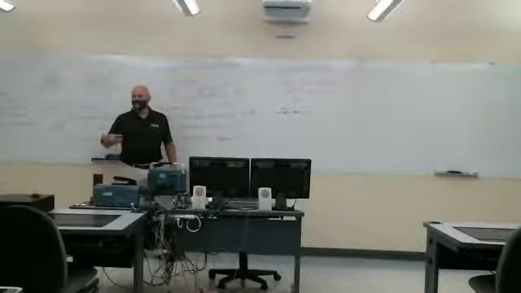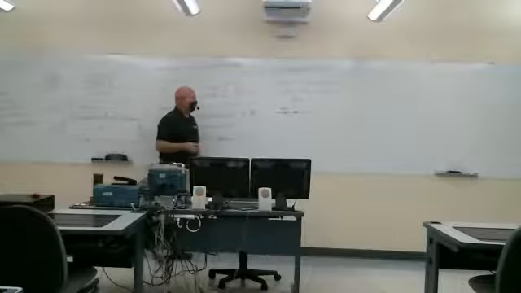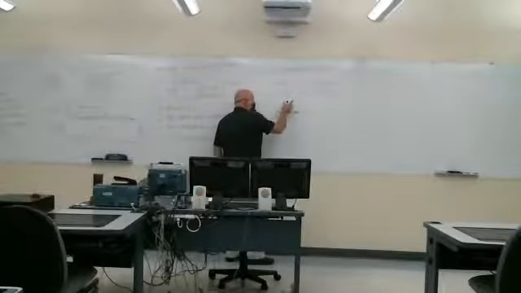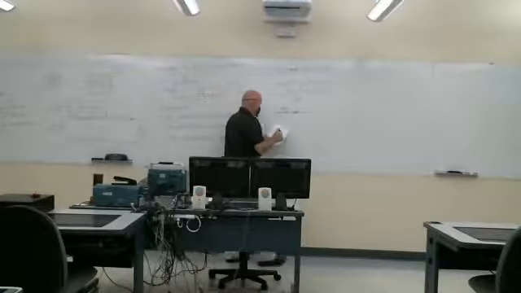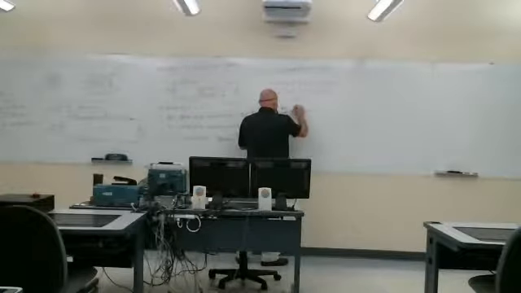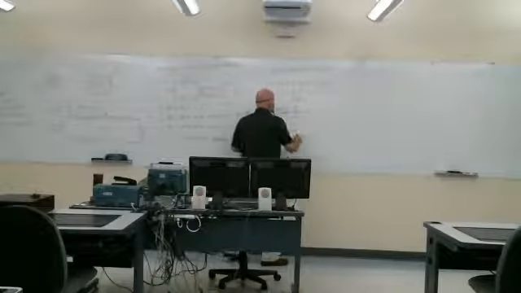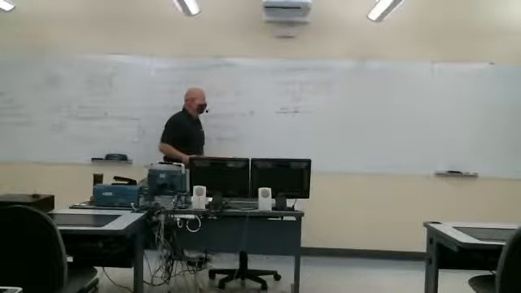So R prime delta Z would give us the resistance. And we're using this model for each one of these little segments, for each one of these little delta Z's. And L prime delta Z similarly would model the inductance.